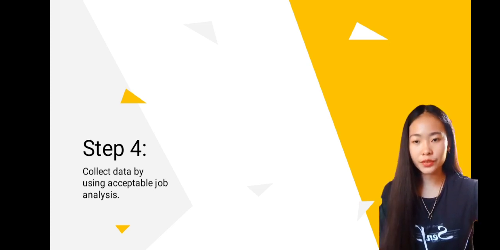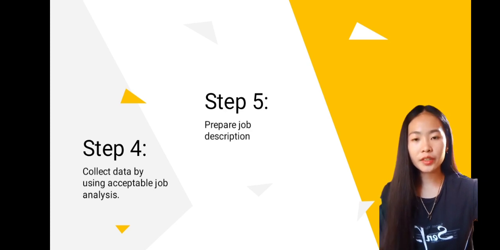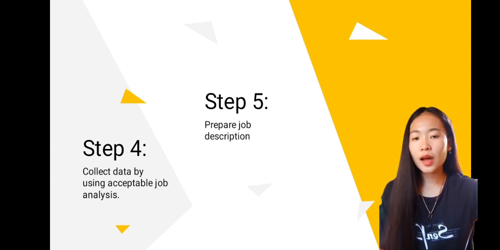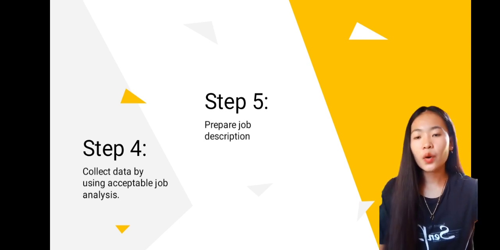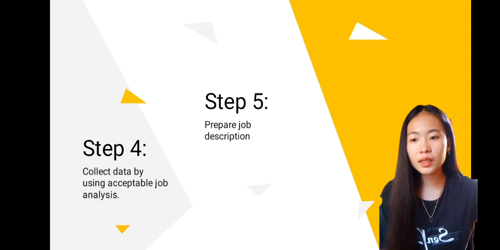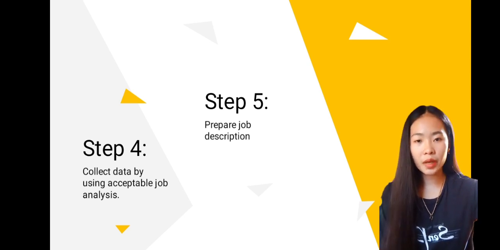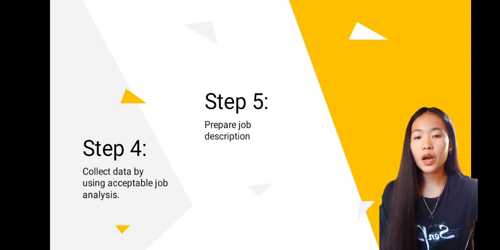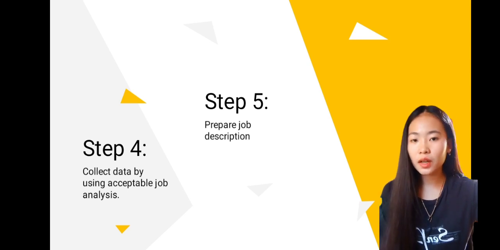Step 5: Prepare job descriptions. A job description highlights a role, preliminary responsibilities, activities, qualifications, and skills. A job description should include key corporate information such as the organization's mission, culture, and any employee benefits.